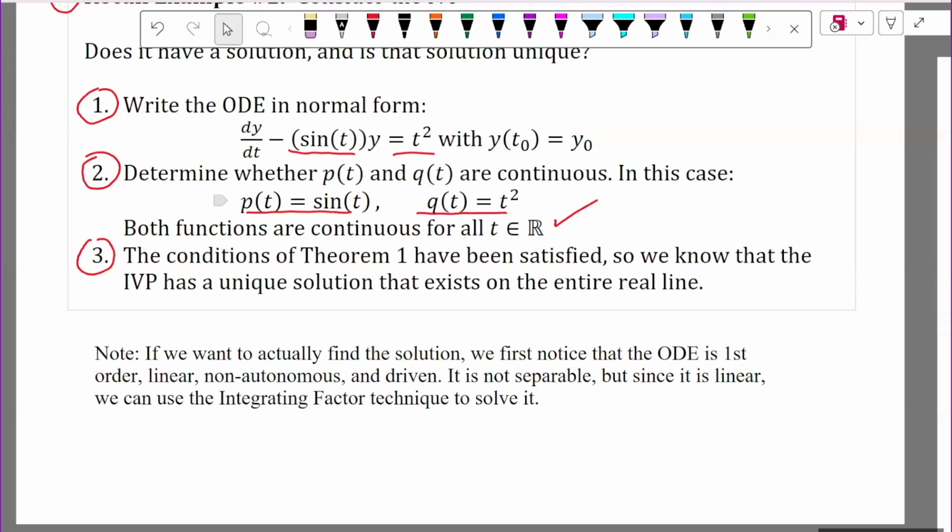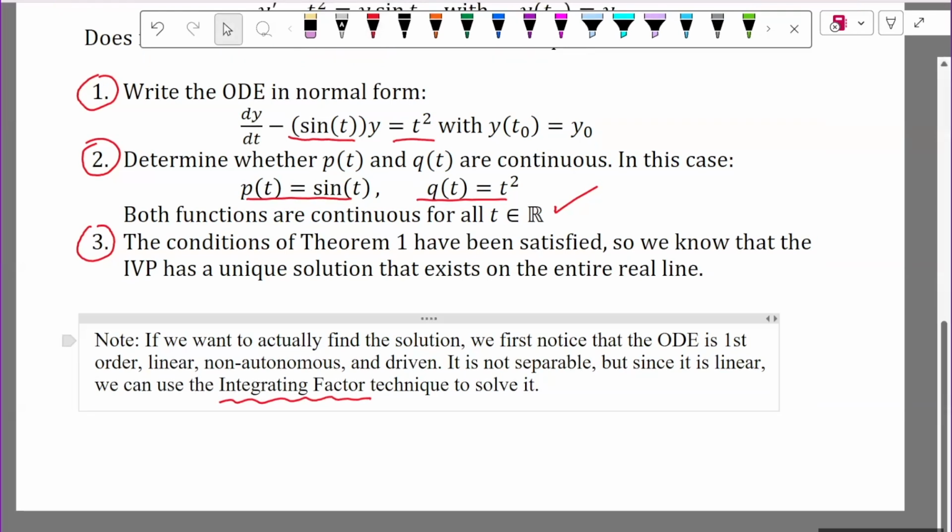Note, by the way, that if you actually want to find the solution to this first order linear, non-autonomous, non-homogeneous differential equation, you are going to have to use the integrating factor technique because the ODE is not separable. If you want to take a second and test yourself and figure out what the solution to that ODE is, you can pause the video now and give it a try.